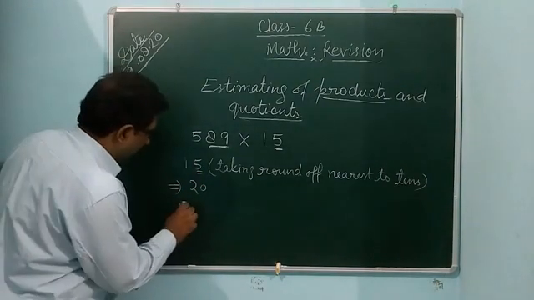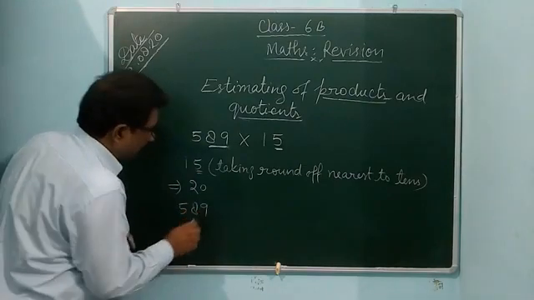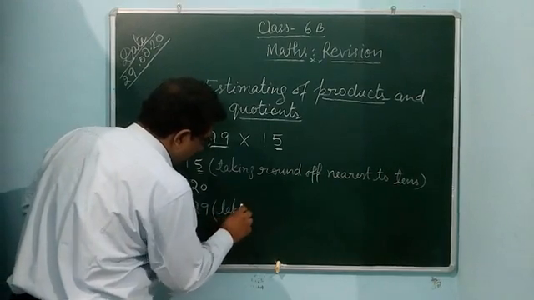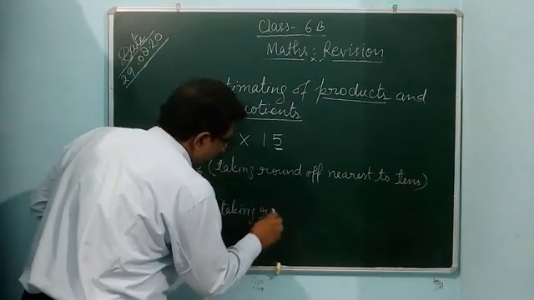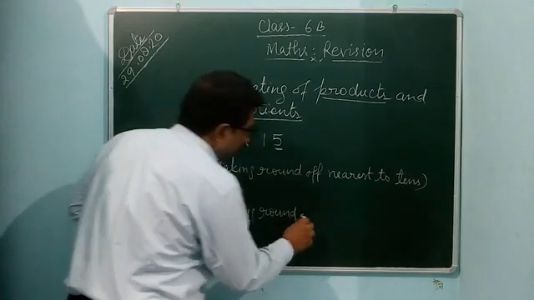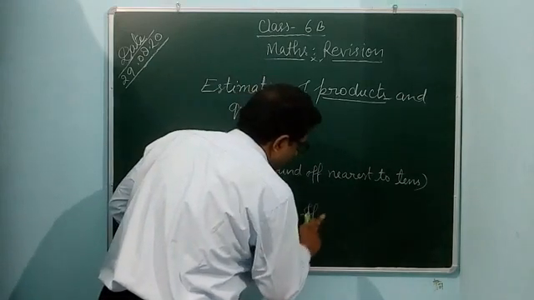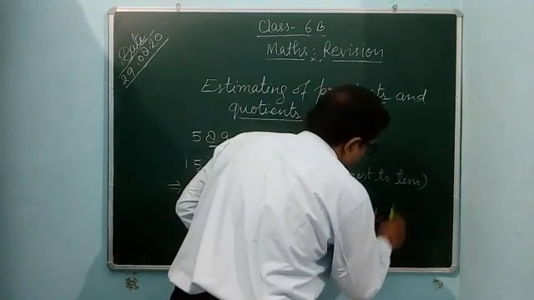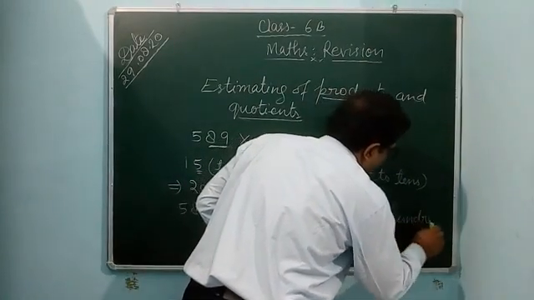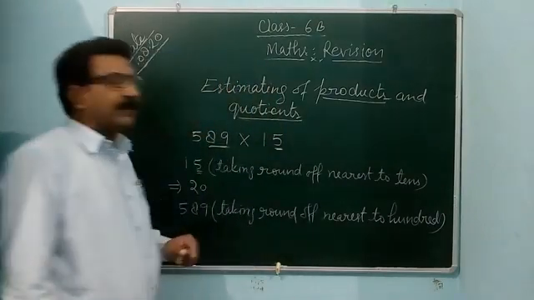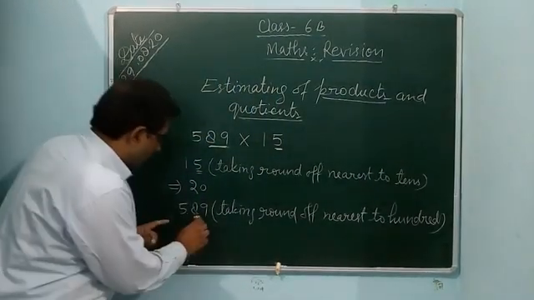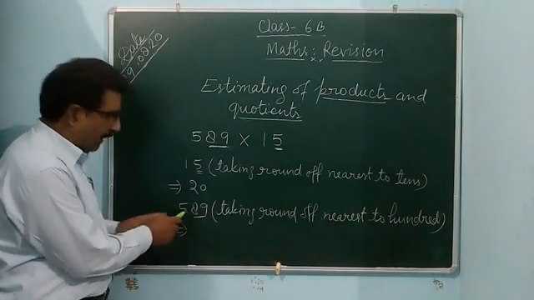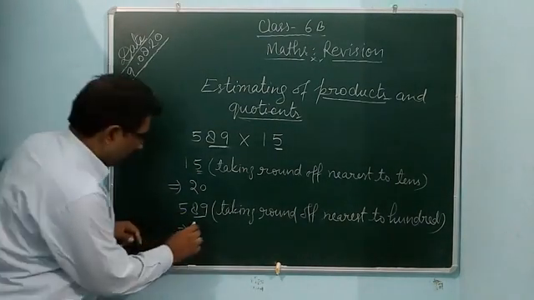And 589 rounded off to the nearest 100 becomes 600, since 89 rounds up, so 5 plus 1 is 6, giving 600.